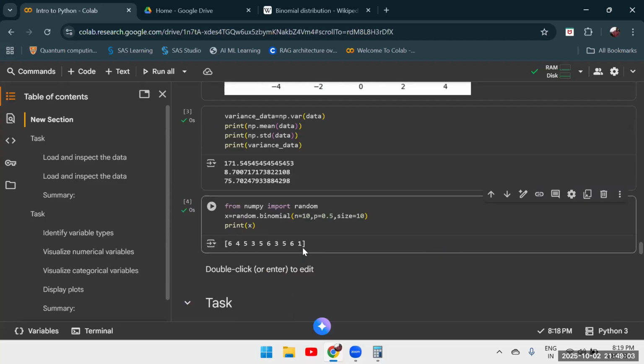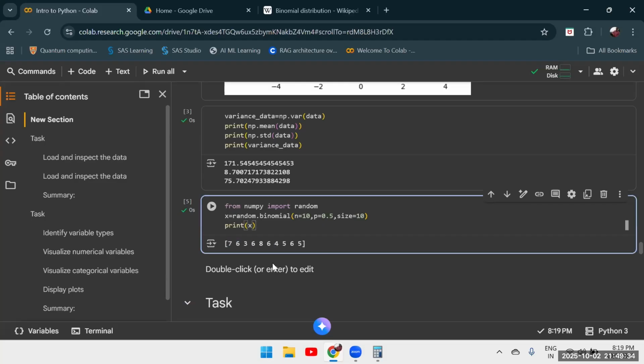It has taken 10 trials, a sample size of 0 to 10, and for this particular distribution of tossing a coin, it is giving me the first trial has a chance of 6, the second trial only 4, the third 5, 3, and likewise it distributes this.